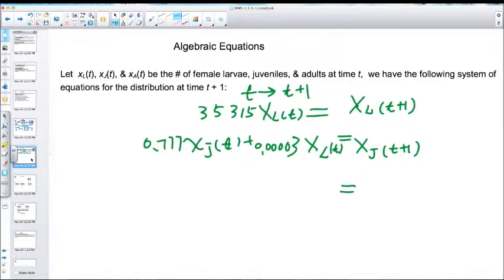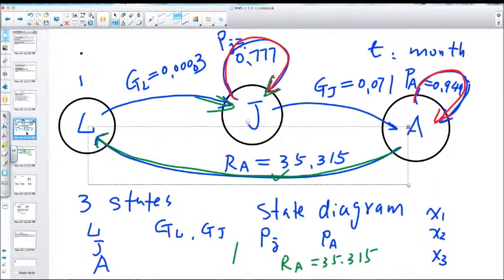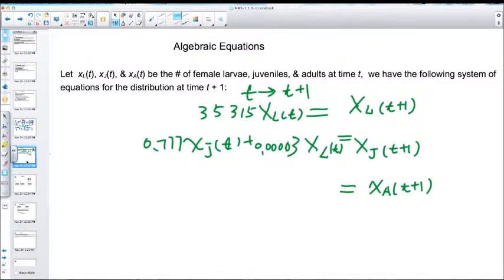Similarly, let's consider the population of adult at t plus 1. So look at the diagram again. The adult has 1 income transition, 2 income transitions. You just need to multiply those numbers. So it will be the survivor of the adult last month.